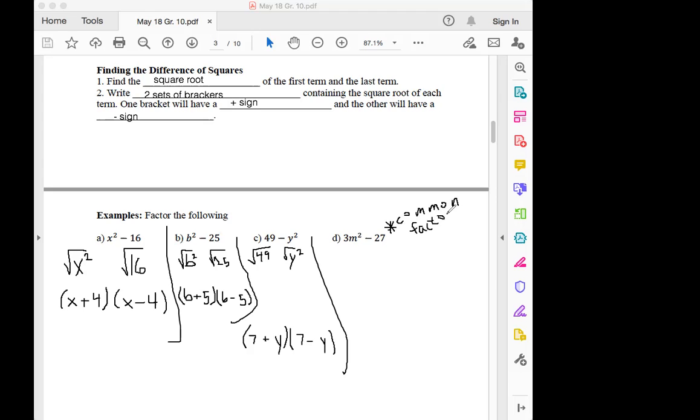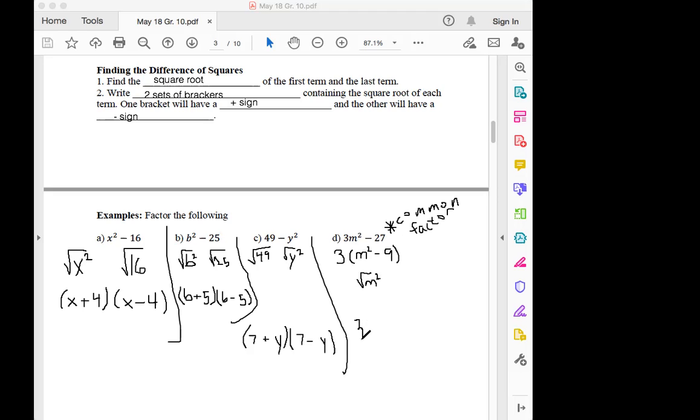So first things first, you're going to factor, so you're going to take the factor out. If we take 3, we're left with m squared, and then negative 27 divided by 3, which is 9. Then we can look inside this bracket. Inside the bracket, we can do the difference of squares. So we can find the square root of m squared.